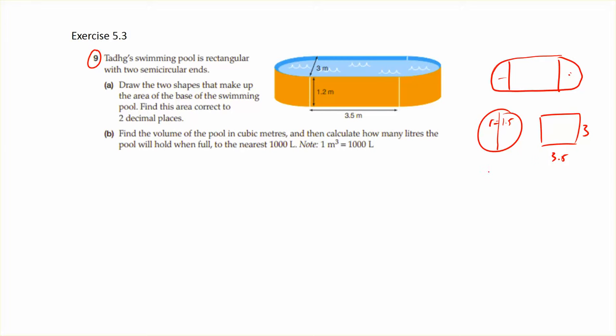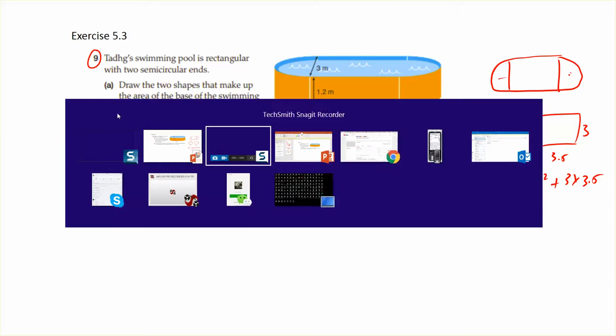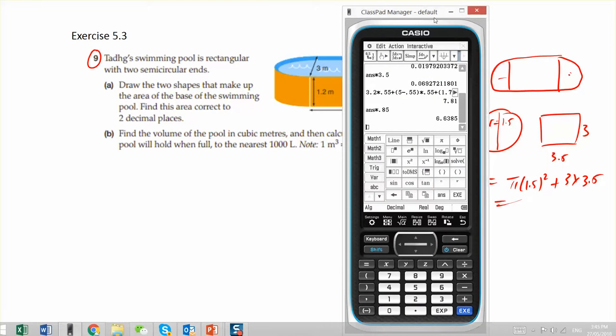So the area of the combined two shapes would be the area of the circle, which is pi r squared, which is pi times 1.5 squared, plus the area of the rectangle, 3 times 3.5. So let's work out the area of both shapes, which is what the question is asking.